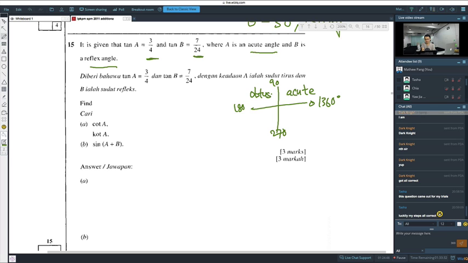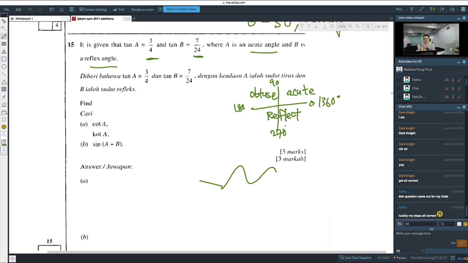Some technical problem here, I couldn't write. Okay, now I can write again. And for 180 to 360 we call reflex angle.